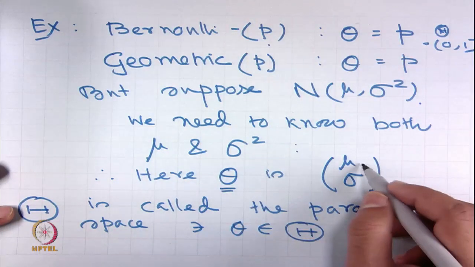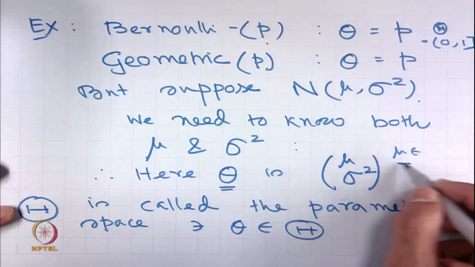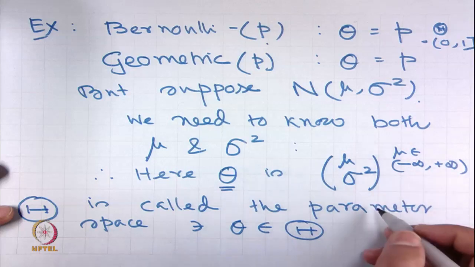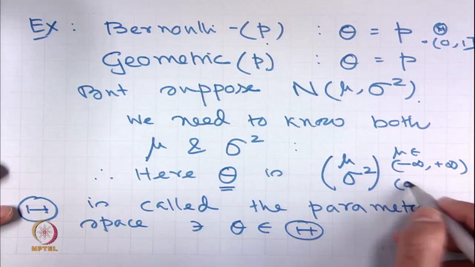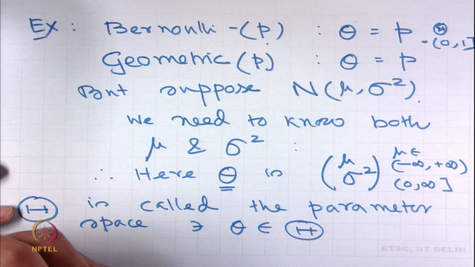When we are looking at mu, mu can belong to minus infinity to infinity on the real line. Sigma square may belong to 0 to infinity on the real line. So, that is the parameter space to which the parameter of the distribution can belong.